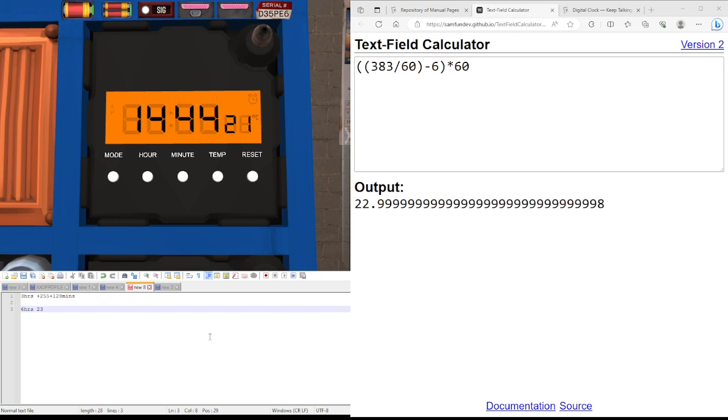I'm just going to double check. So it was 383 divided by 60, and then minus the 6 times the answer is 23. So this is equivalent to adding 6 hours and 23 minutes, which is equivalent to 9 hours and 23 minutes.